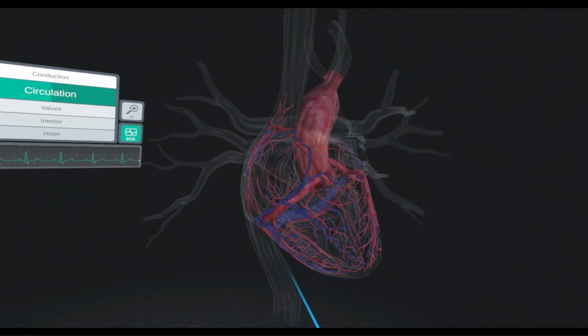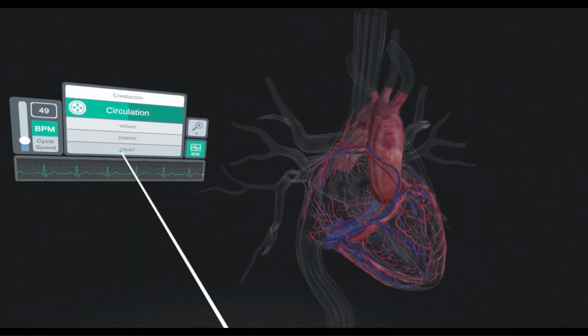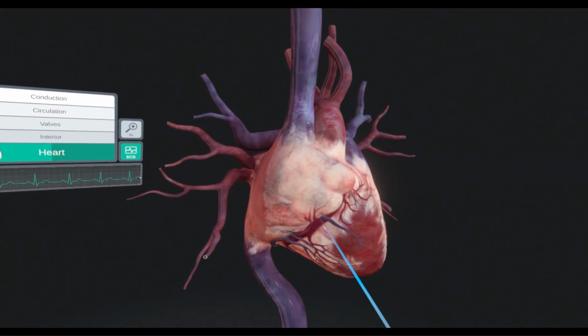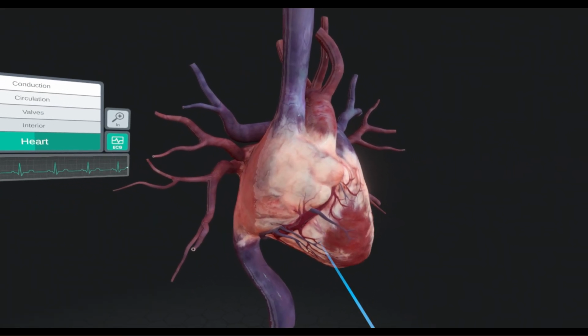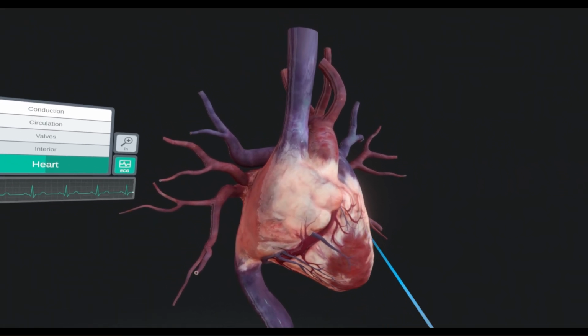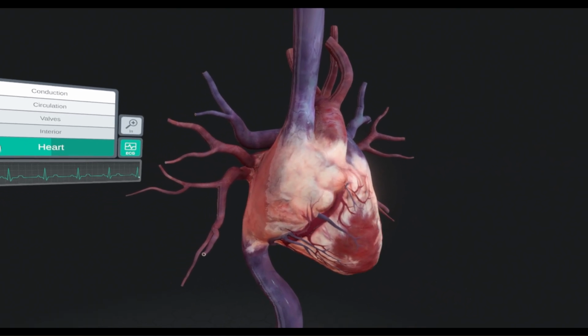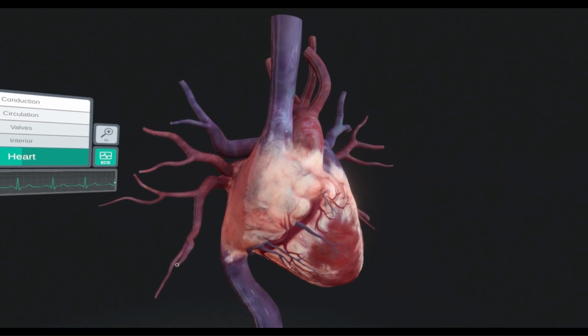However, a PE, a pulmonary embolism, is going to be something that has been pumped through the right side of the heart and pumped through the pulmonary arteries into the pulmonary circuit. That's where pulmonary emboli do their damage.